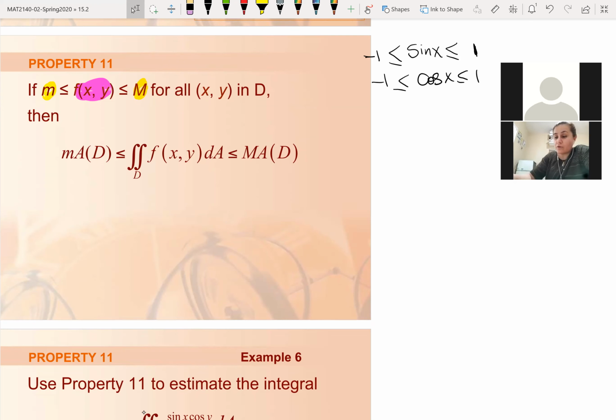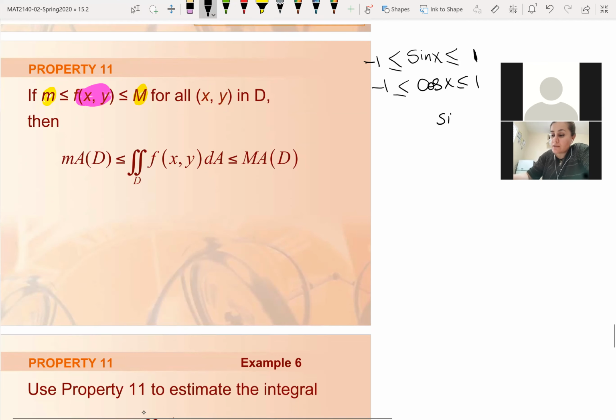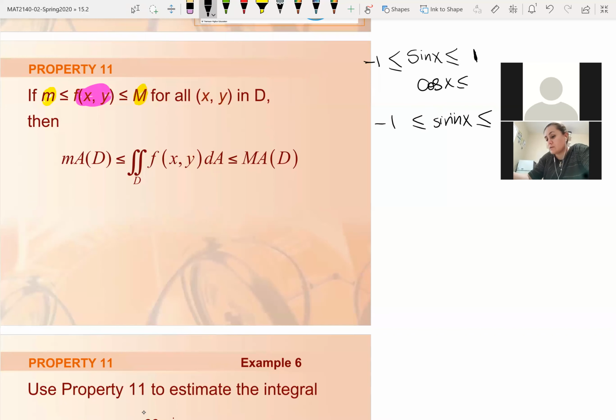So if you have, for example, sine of x, you can integrate all sides of the inequality, by double integration or single integration or triple integration, however it is.